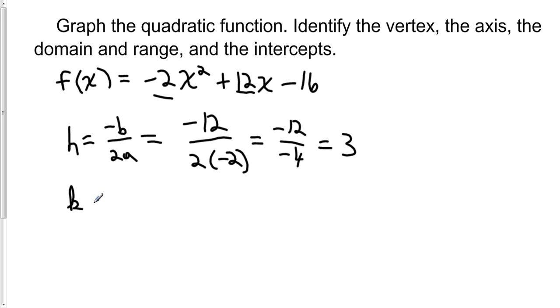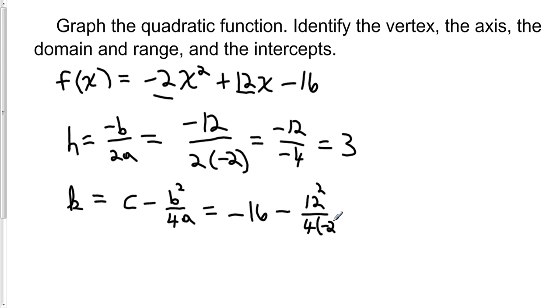Now I'm going to find k, which is the y value of the vertex. You can either just plug it in, or you can do the calculation with c; let's write the formula. The formula is c minus b squared over 4a. Let's see what this yields. C is negative 16, minus b squared, which is 12 squared, over 4 times a, which is 4 times negative 2.